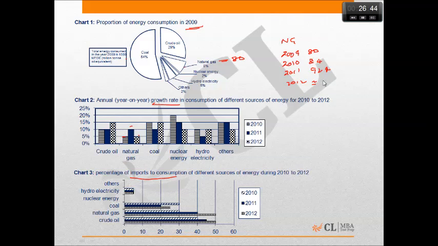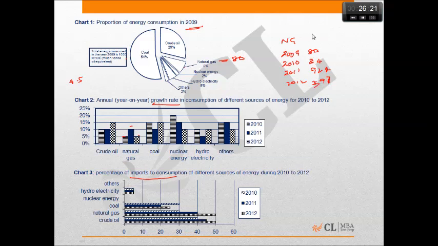So 92, 93, 96, should be slightly more than 96 actually. Sorry, it is 5%, 9 fives are 45, 4.5. So 5% of 92 will be 4.5, let's say 4.6, so it should be approximately 97, slightly more than that, but 97.